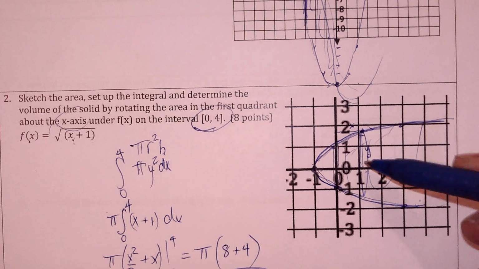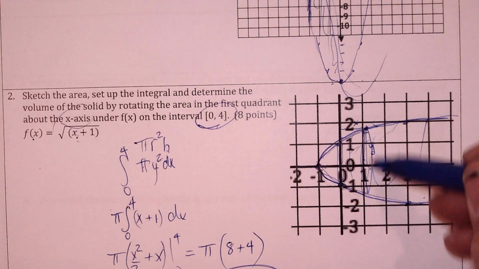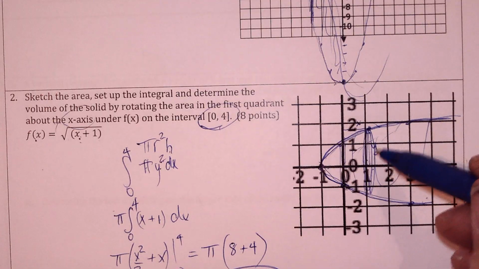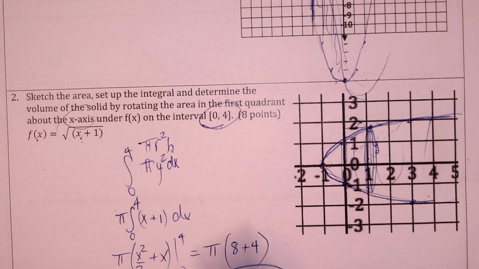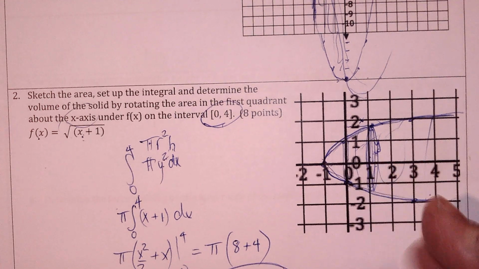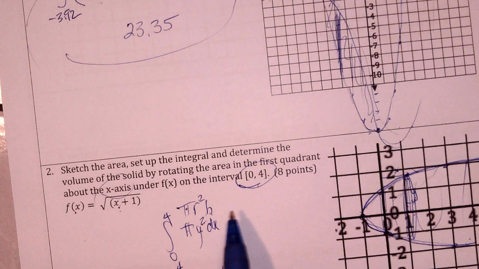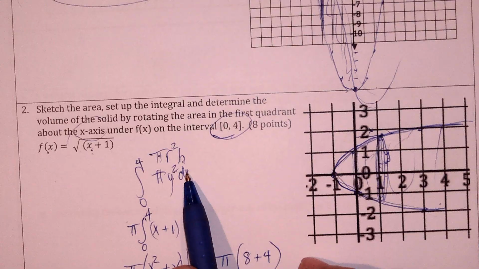And since this is a solid disk, no holes, it might be easiest to do vertical disks, which are just cylinders, pi r squared h. The height of this cylinder, if you look at it this way, the height is a dx, a very thin slice of this shape.